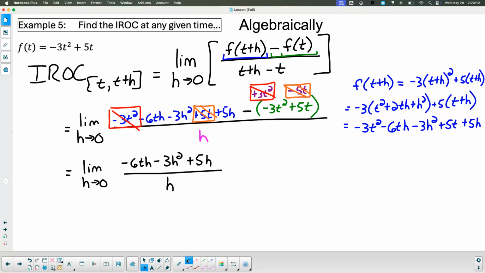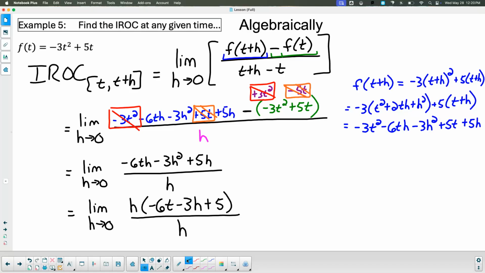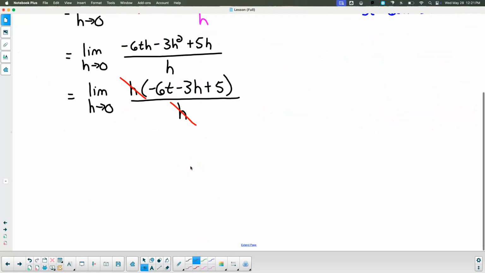I can factor out an h. Agree with that. And then what can I do now? What about my h's? We can get rid of them.